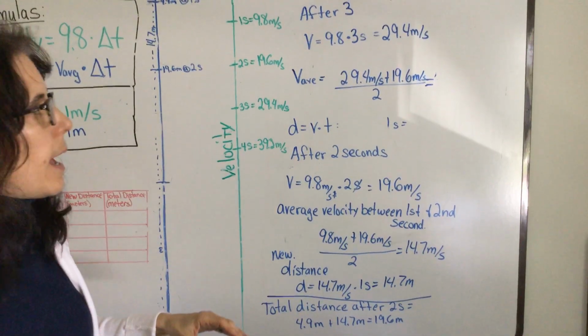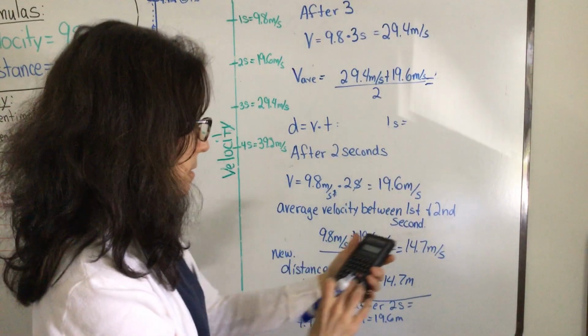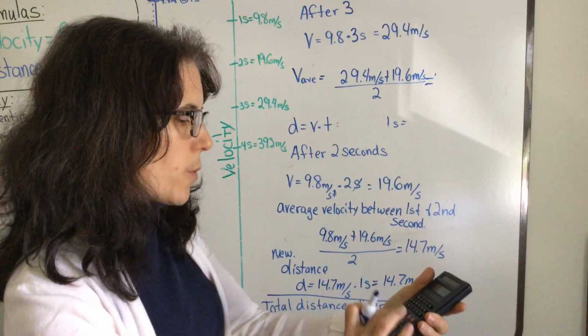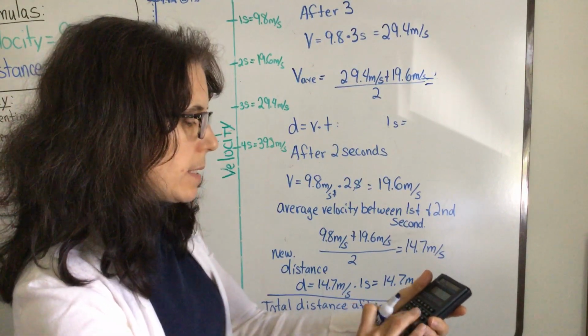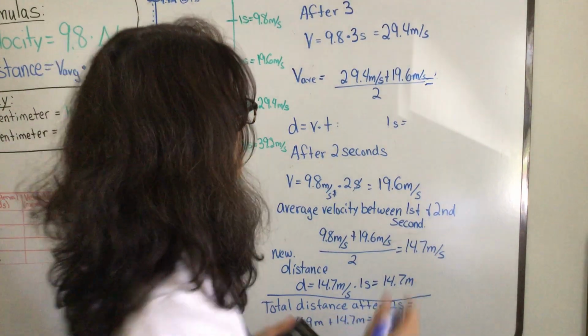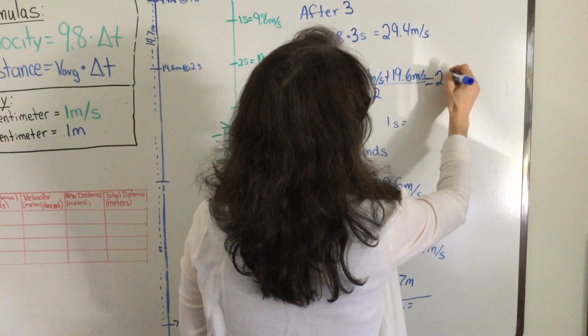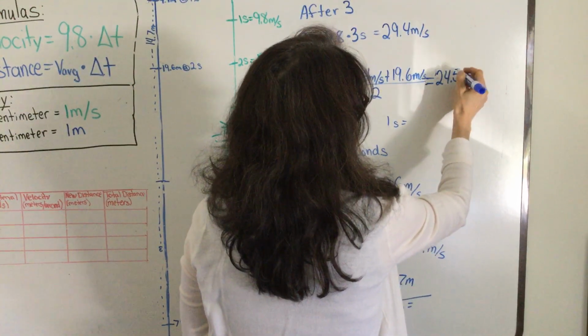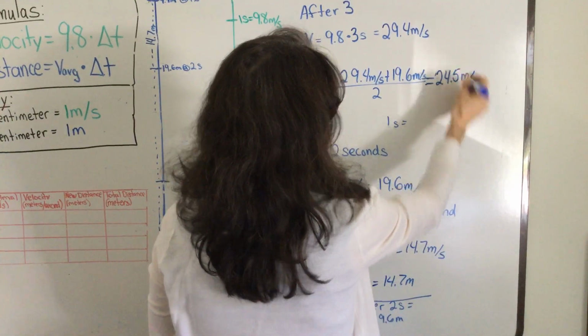So let's add those together. 29.4 plus 19.6 divided by 2 is going to give us 24.5 meters per second.